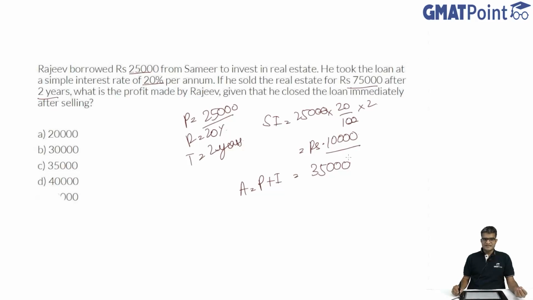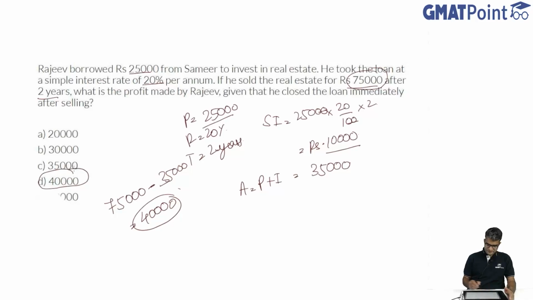But by selling this real estate, he made 75,000 rupees. So the extra money that he has, or the profit that he made from this transaction, will be 75,000 minus 35,000, which is equal to 40,000 rupees. So the answer for this question is option D.